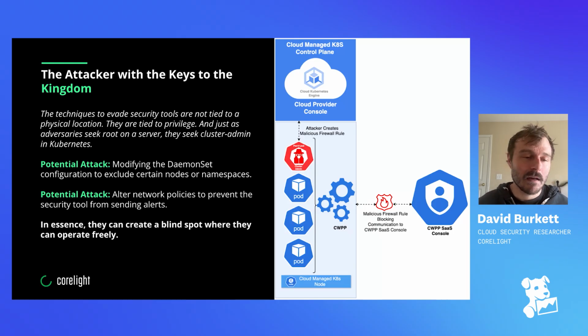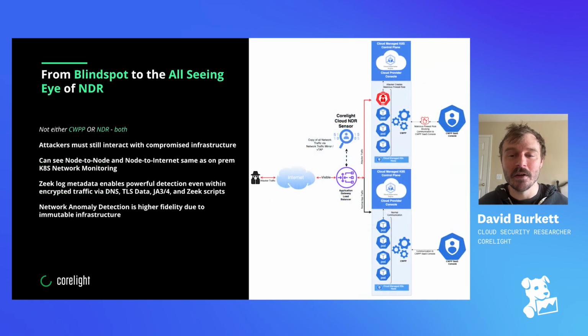So again, we might have attackers blinding our Kubernetes cluster. They might modify those config maps, whatever it might be, and that can cause that tooling to stop checking in with us. Now we have a blind spot in our cluster. This would be no different than if they were interacting on-prem.